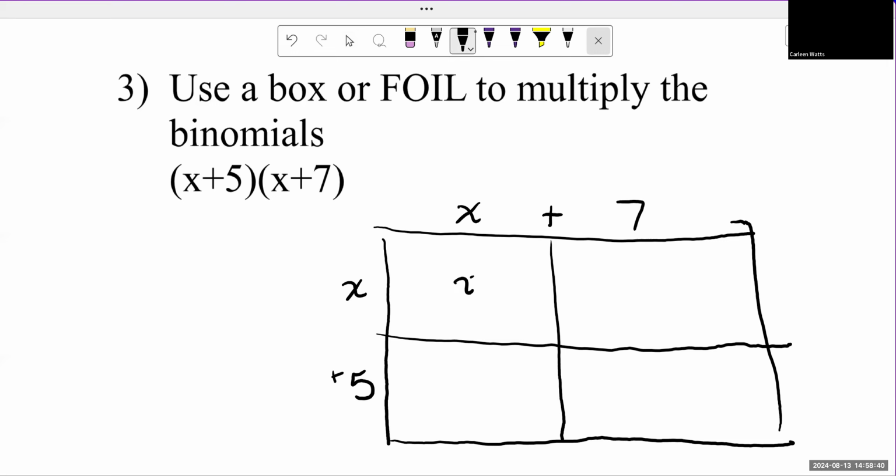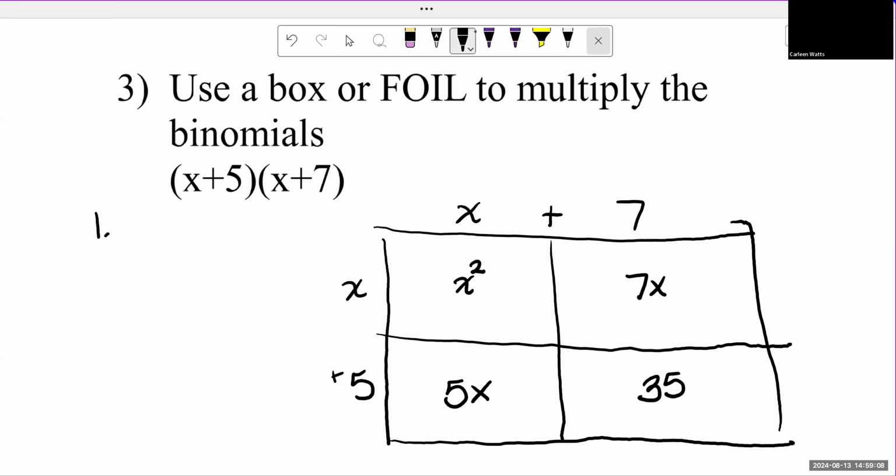X times x is x squared. X times 7 is 7x. Okay, think about what's going to go in that box. I'm going to multiply the 5 and the x. So that's going to give me 5x. Think about what's going to go in that box. You should be thinking 35.